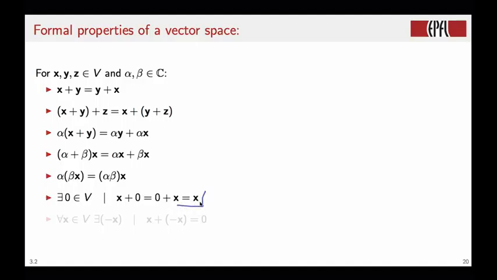And there exists an inverse, so if we have a vector x, there exists in the vector space a vector minus x, so that the sum of the two is equal to the 0 vector, or the origin. Okay, so if we have this, so we have vectors from a vector space, scalars from complex numbers, and these properties, then we have formally a vector space.